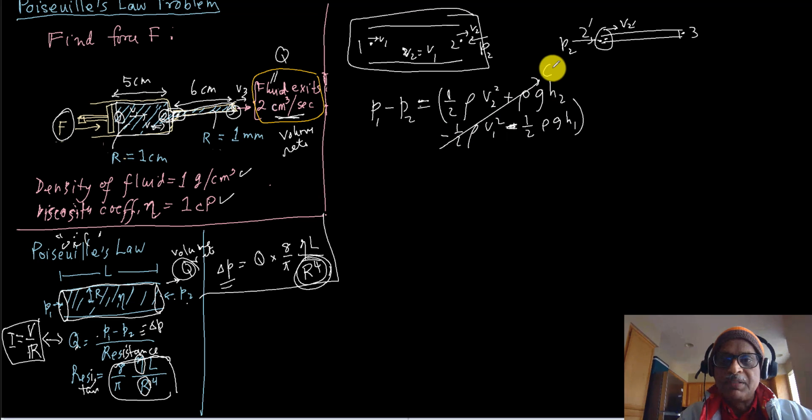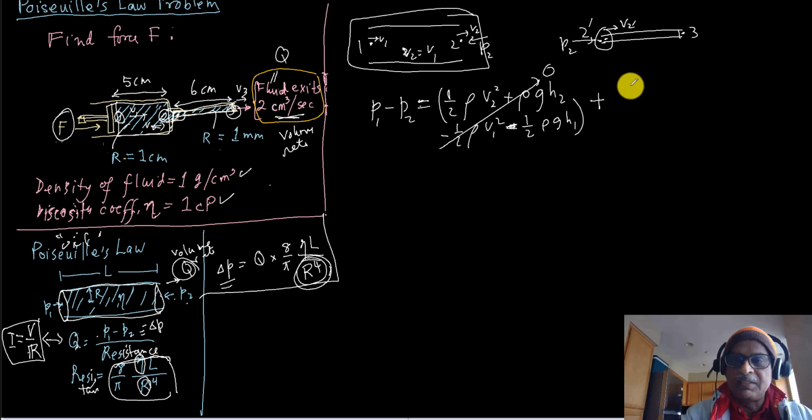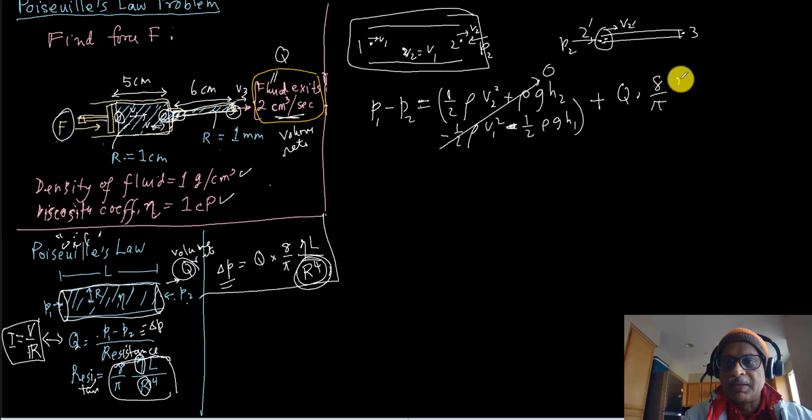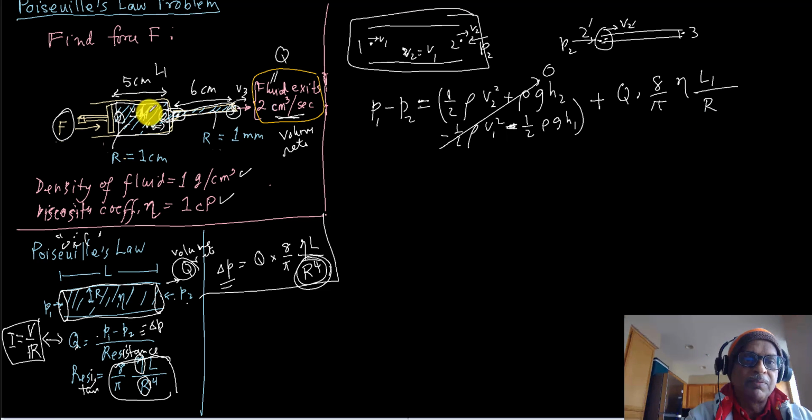Now this will be 0 here, and then you'll have a contribution of Q times 8 over pi, eta, let's call this L1, first tube, over R1 to the power 4.